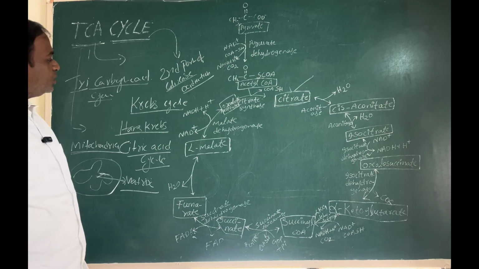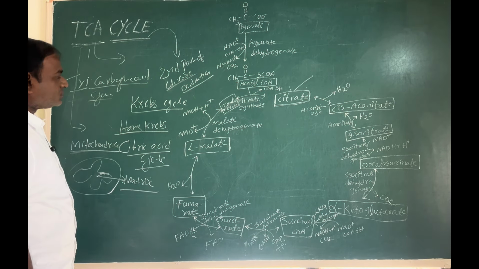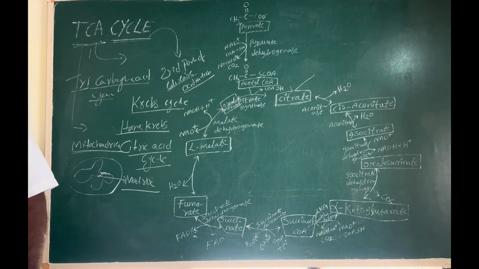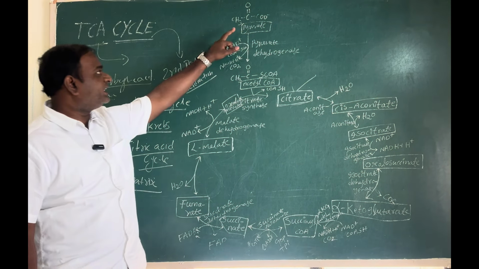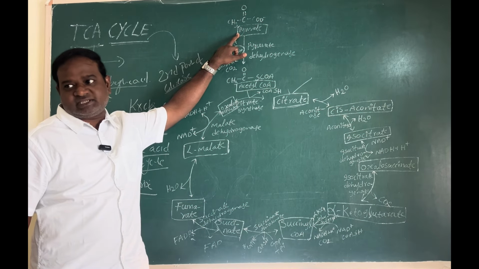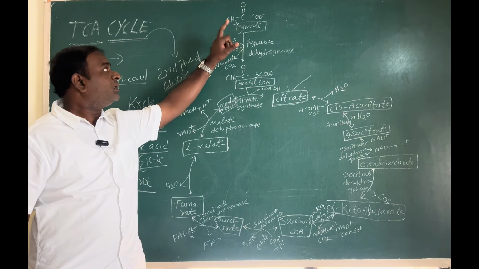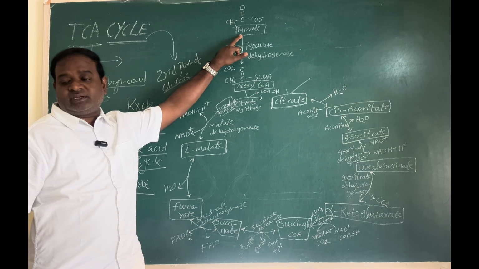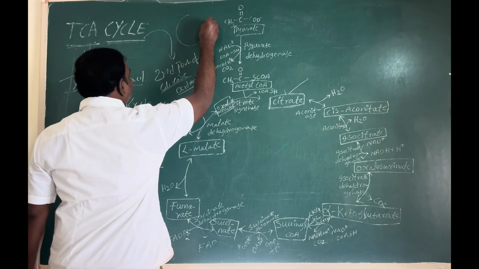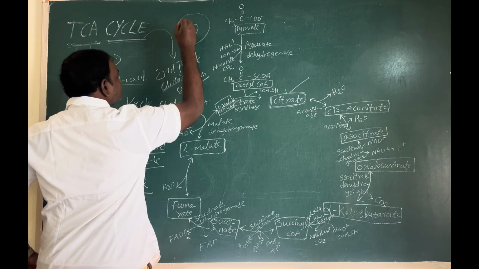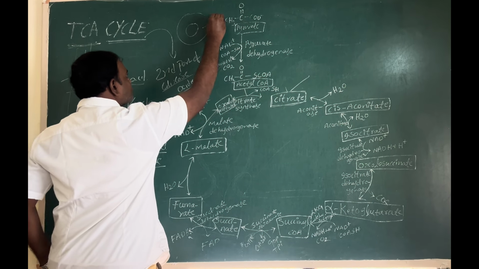Now we will enter into the pathway. The end product of glycolysis, which is pyruvate, is the connecting link between glycolysis and TCA. For example, this is a cell.